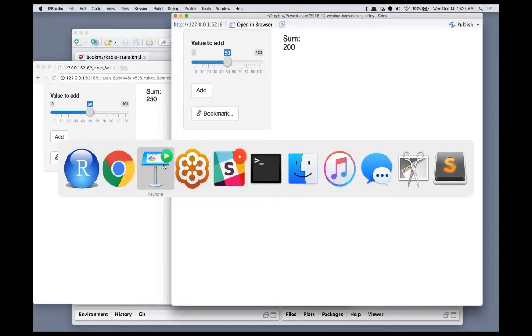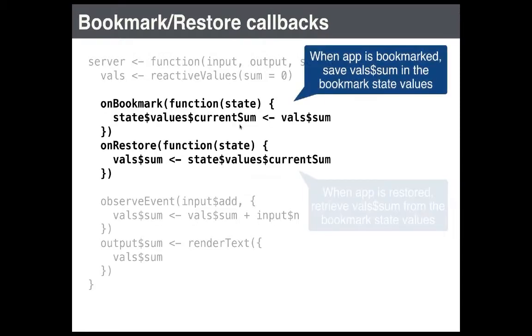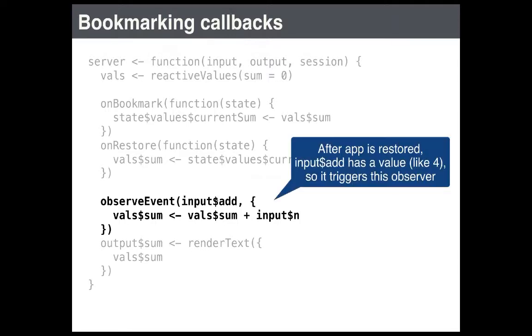And let's see why that is. What's happening is that after the application is restored, input$add has some value, like 4. That's the number of times the action button has been clicked.